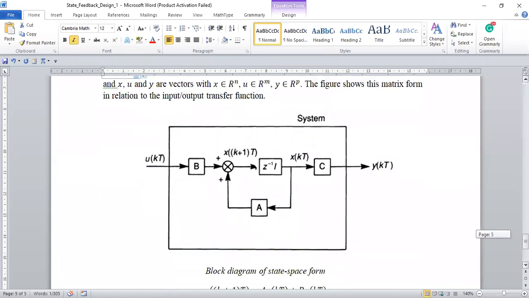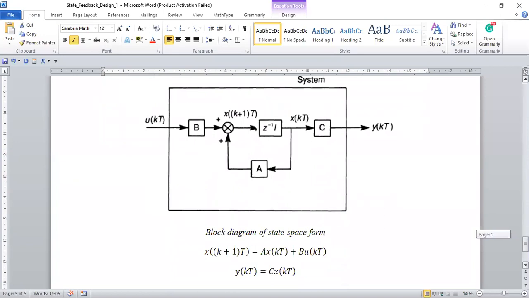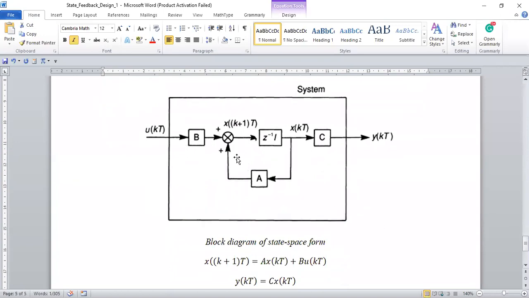So this is the block diagram of the state space representation in the discrete time domain. This is our state space representation. We have x of (k plus 1)T is equal to Ax plus Bu, and y is equal to Cx. So let's start with the simplest.